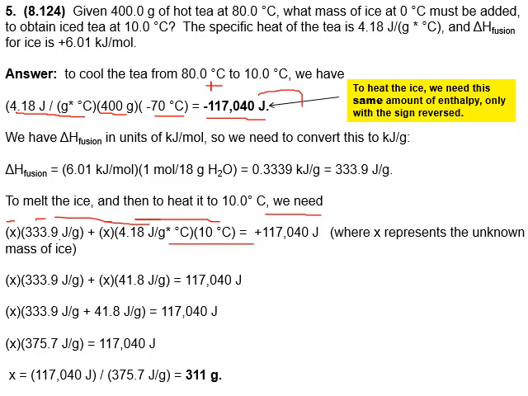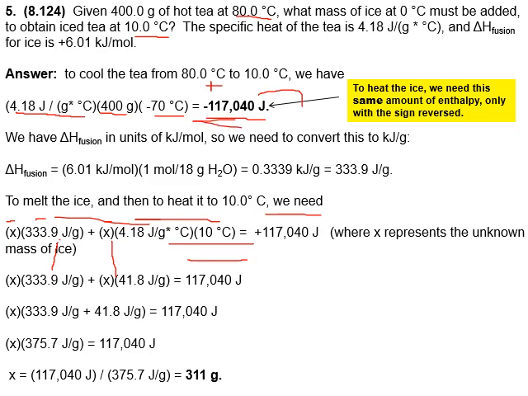So just to simplify it, 333.9x plus 41.8x, where I've multiplied the 4.18 times 10, equals 117,040, where the 117,040 is what we get when we take the delta T from 80 to 10 for the hot tea. That's minus 70 times 400 times 4.18.